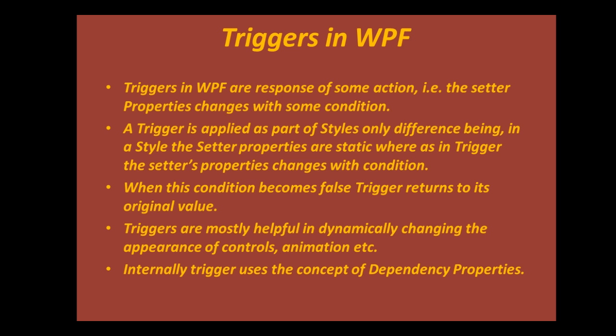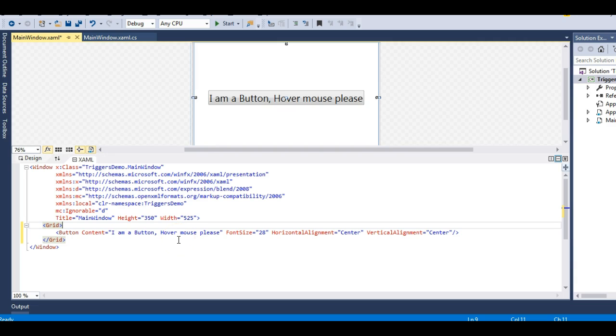So let's quickly jump to our demo and understand what I mean by triggers. I have a window. In that window I have a grid, and inside that grid I have a simple button which says, I am a button, please hover mouse over me. That means this button is asking me to hover the mouse over it when the application is running.